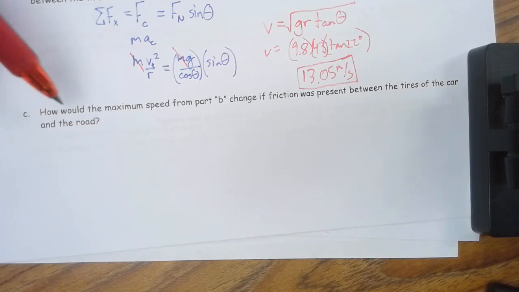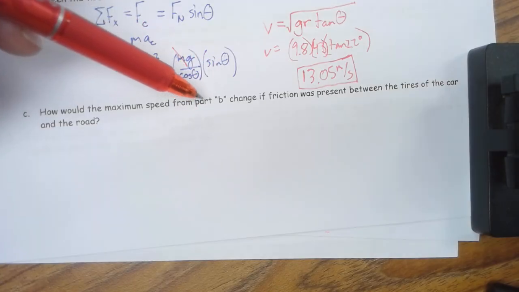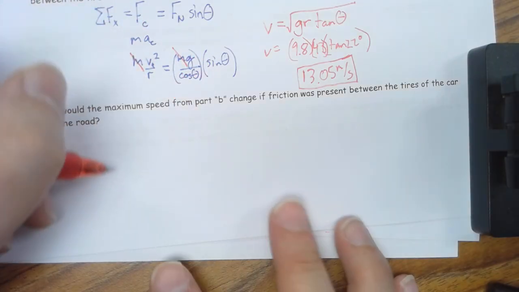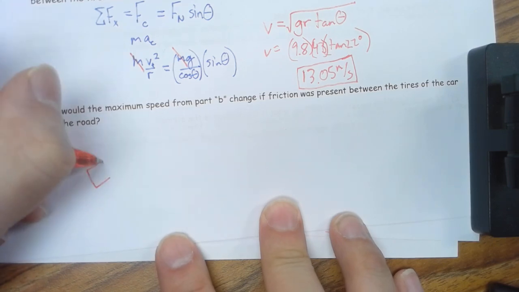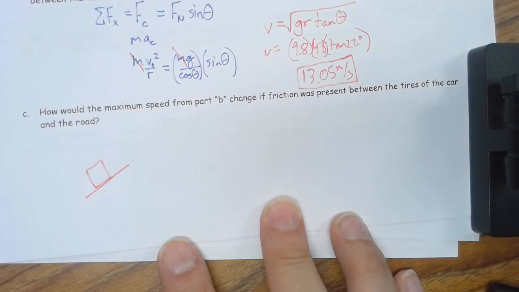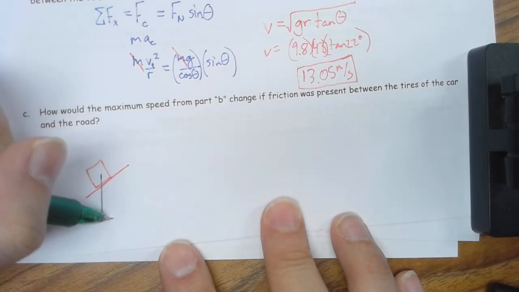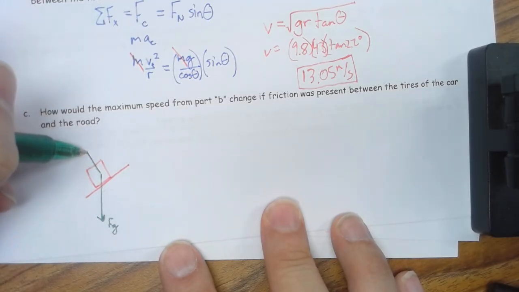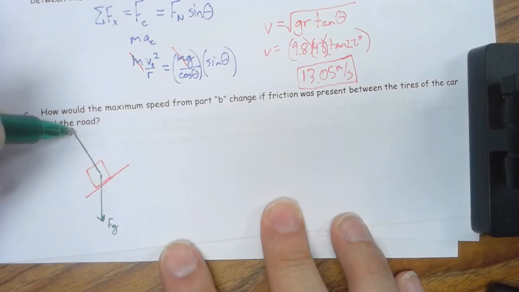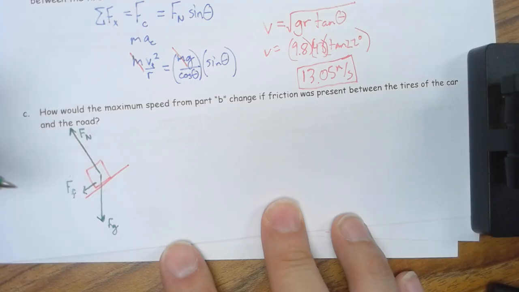Alrighty, let's talk about this one. Part C: how would the maximum speed of Part B change if friction was present between the tires of the car and the road? For this one, I would draw myself a diagram and then explain what's going on. We know that we have how many real forces now? Friction and gravity. So we have gravity, normal, which is longer now, and we also have the force of friction.